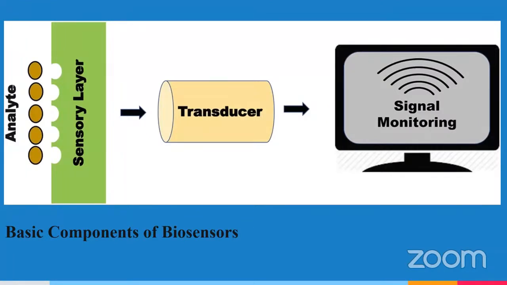So we can detect what kind of changes are occurring, what kind of biological or chemical reaction happens between them, which can be measured through signal processing techniques via the transducer. So what happens first? First, the biological component, like the receptor: we have to find a particular receptor for a particular analyte. Not every analyte is receptive to every kind of probe molecule or receptor. First, we have to find both the analyte and the receptor layer.